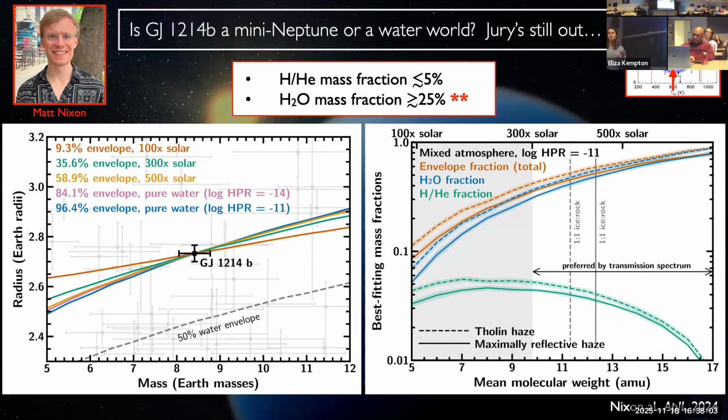So this is not the classic water world, which is just water, rock, ice. This is not the classic gas dwarf, which is just hydrogen, rock, iron. So this is neither nor. This is some sort of new, maybe combined hybrid kind of planet.